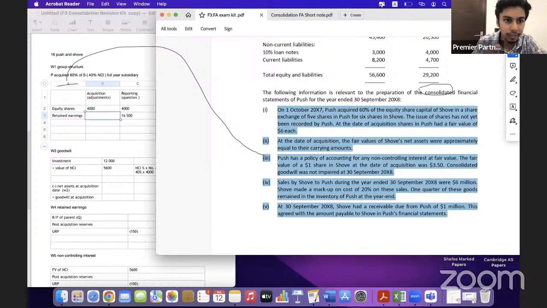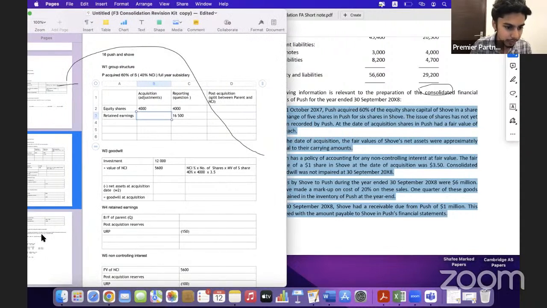No, guys, not really. In the earlier paper, in Roman number 1 itself, they gave the retained earnings at the acquisition date. But in here, I do not see that part. The retained earnings at the acquisition date is not given. Then in that case, we should find out this one.